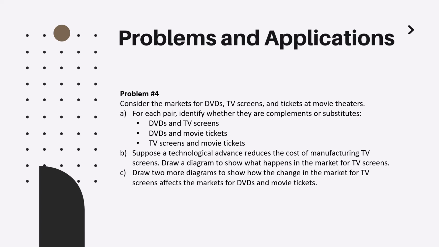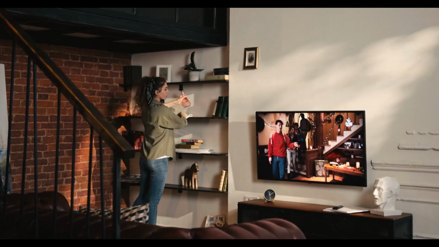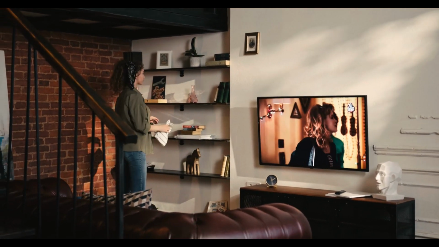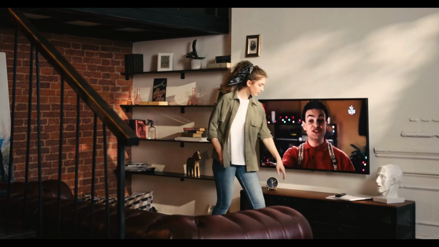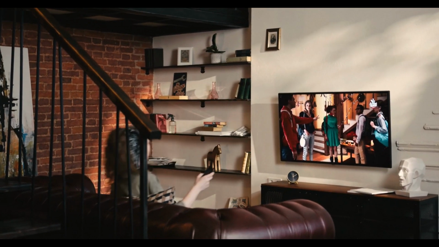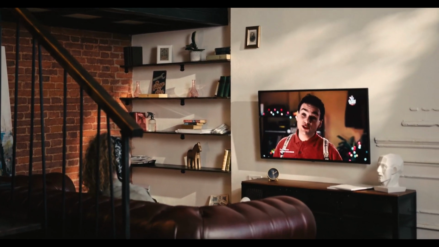So let us start with the first one. DVDs and TV screens are more likely to be complements, simply because you cannot watch a DVD without a television, right? We are not discussing a scenario where you can turn on your PC or any other hardware. But most logically, we can assume that these are complements.